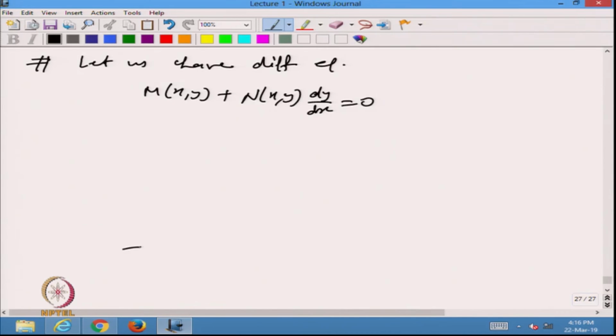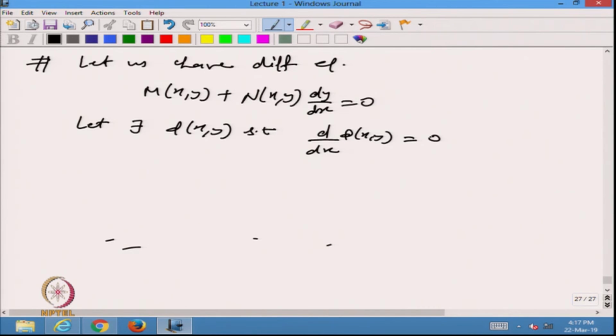Now, let there exist a function phi(x,y) such that d over dx of phi(x,y) is equal to 0.